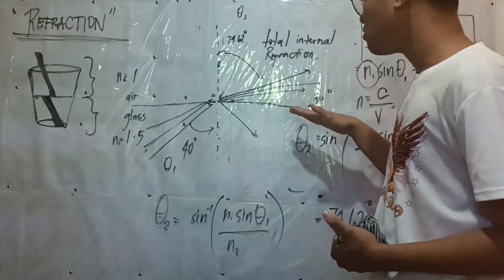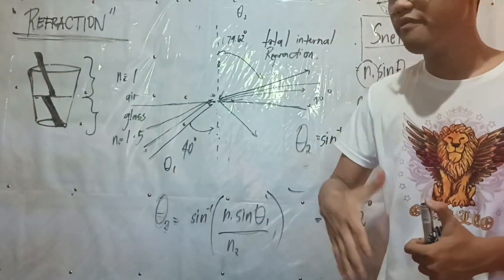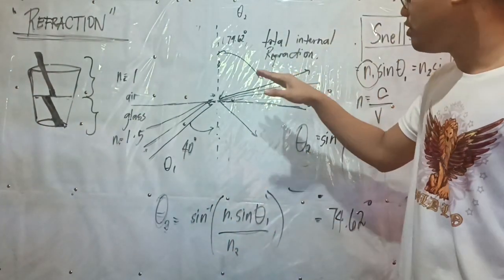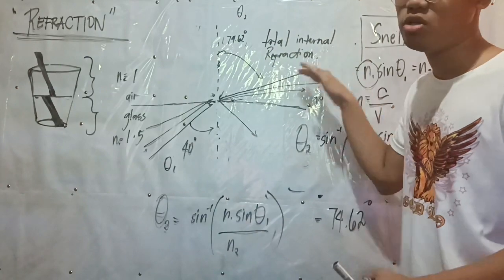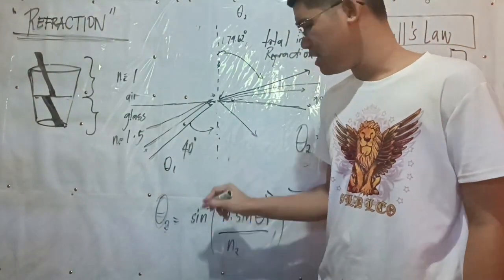Before we have total internal reflection, which means that all rays will never be refracted, they will all be reflected, we have what we call a critical angle.